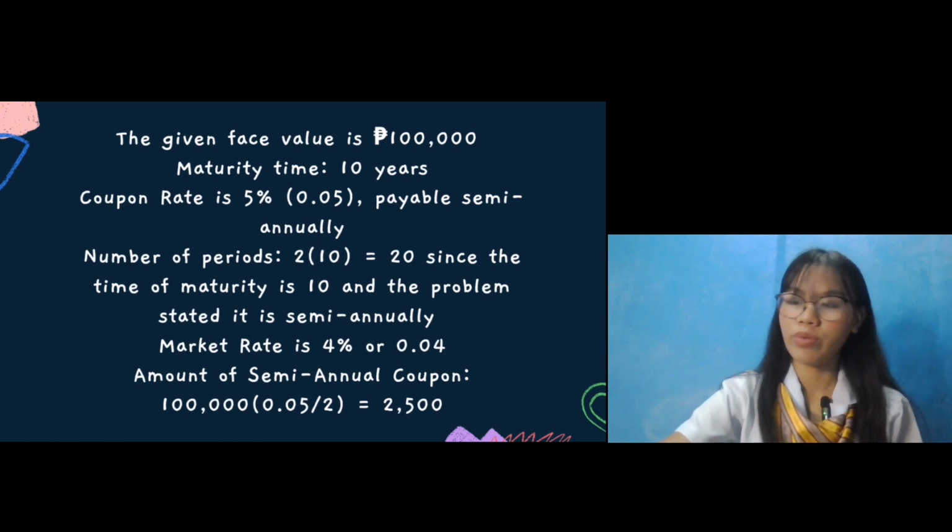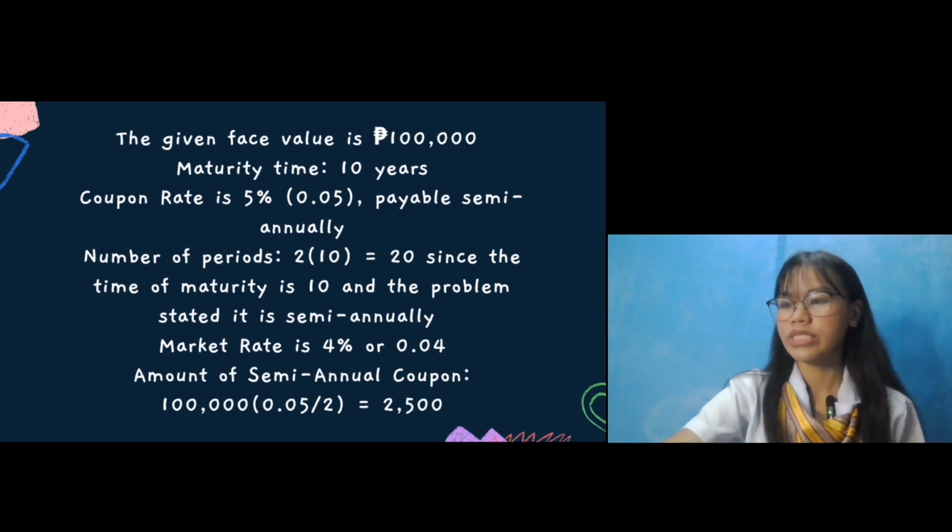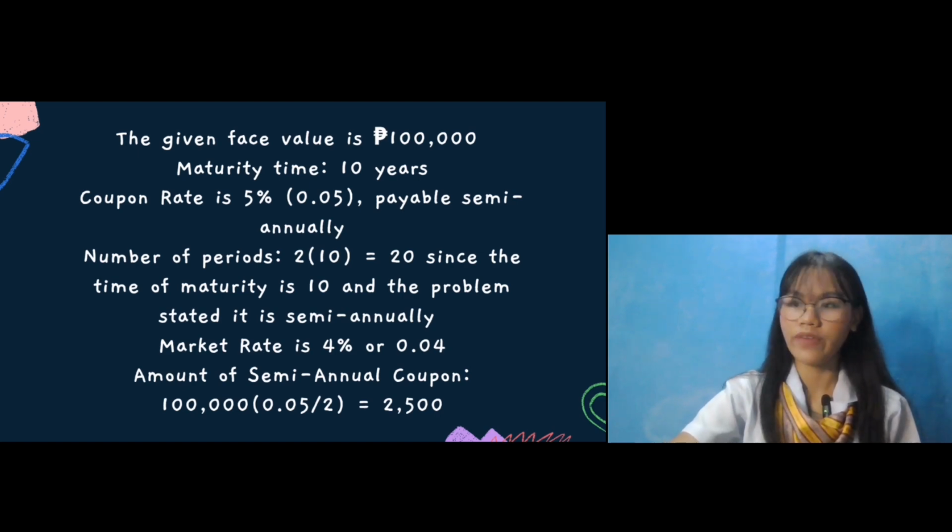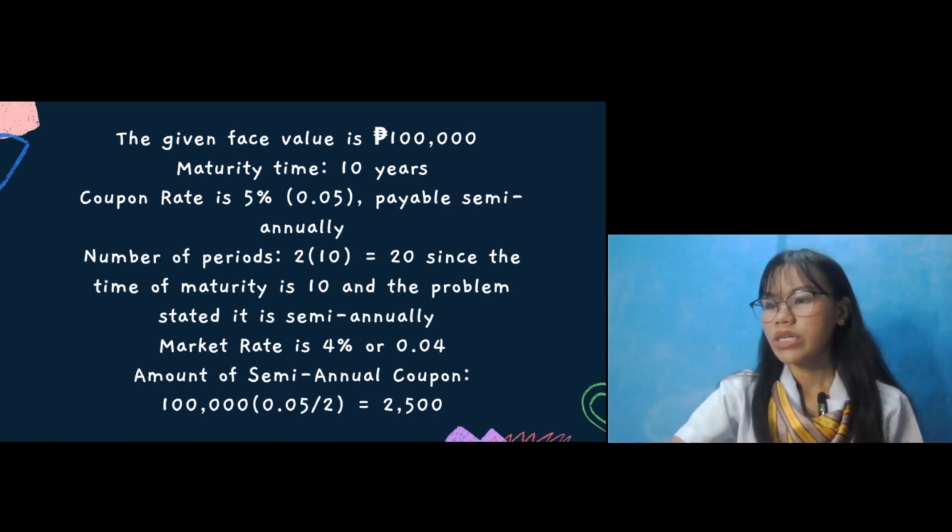So it will be 2. And then our maturity time is 10 years. So we will be multiplying both of them, so that will be equal to 20. Now, our market rate will be 4%, or if we convert it, that will be 0.04.